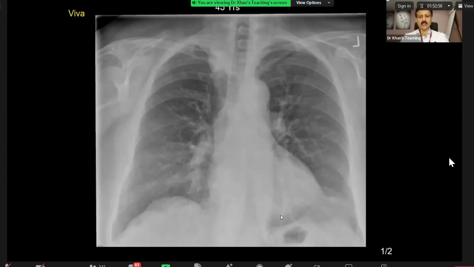Cervicothoracic sign is an extension of the concept of the silhouette sign in chest radiology. What happens is that this is the clavicle. Superior to the level of the clavicle, the lung apex in an AP dimension is quite thin. There is not enough air there.